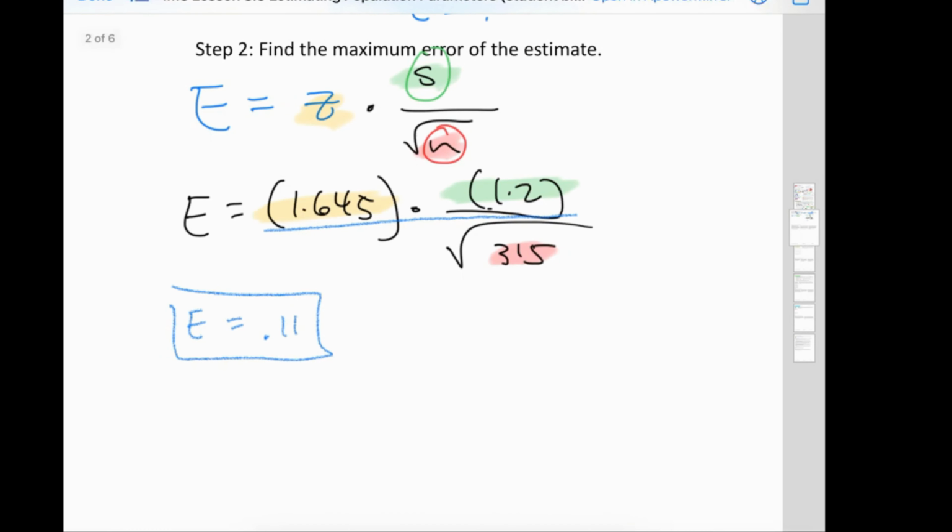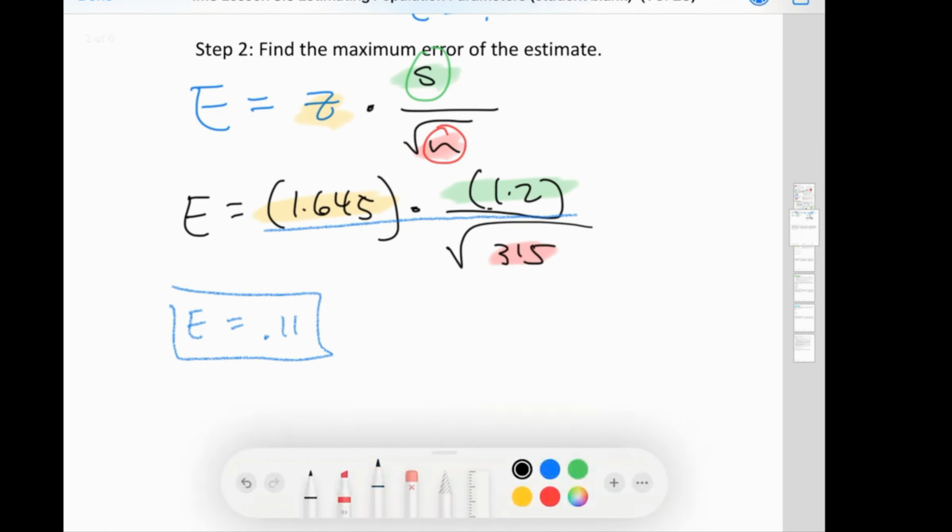And then we can write a sentence to help us understand what is happening here.